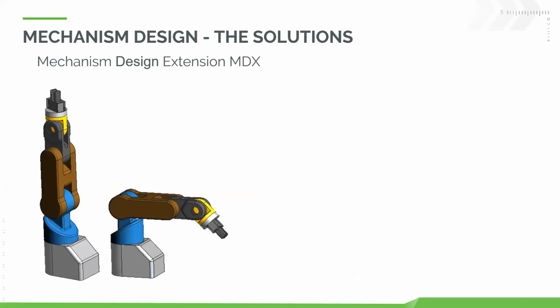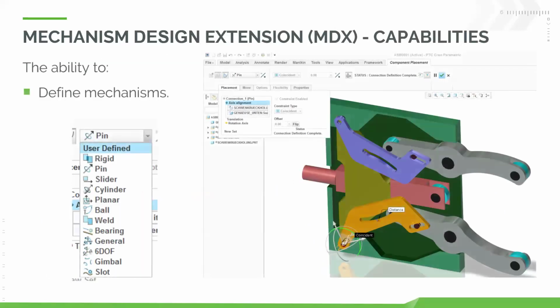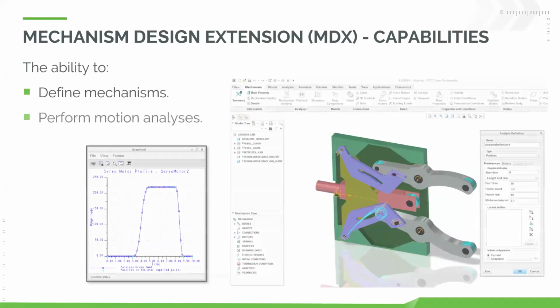And if we start just focusing on the first one, MDX, this is going to be where you're going in and defining how everything is structured out. You're defining how your parts are going to move, if you have rotations, if you have pins, bearings, and if you want to perform some motion analysis on it, if you want to examine that mechanism.